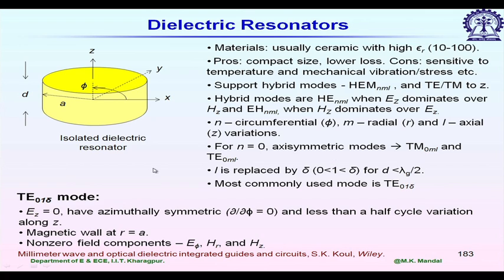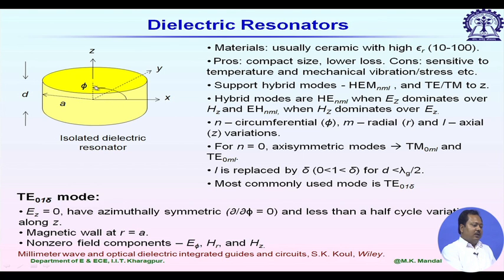So, let us start with the cylindrical dielectric resonator. As you can see in this figure, we have a cylindrical dielectric resonator. Let us consider it is isolated from the rest of space, and the z axis represents the axis of the cylinder, and typical materials we use have epsilon r 10 to 100.